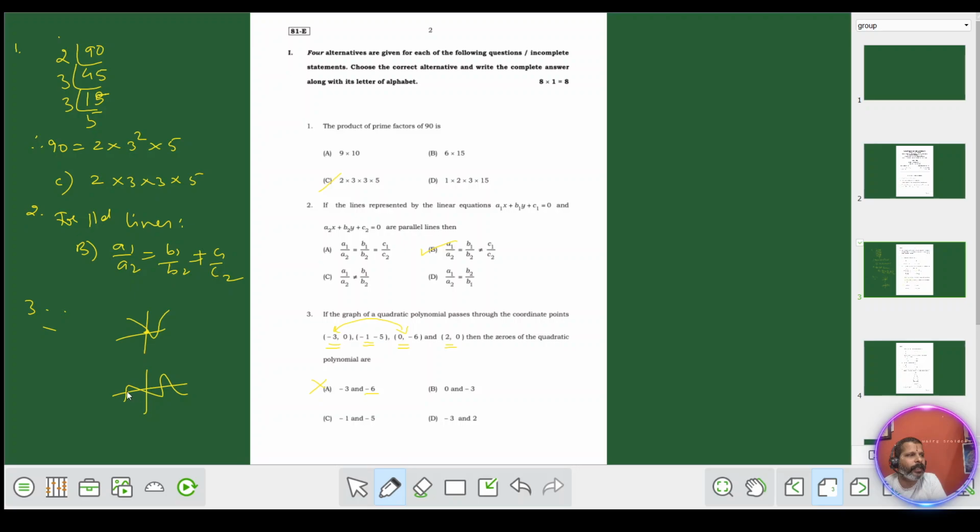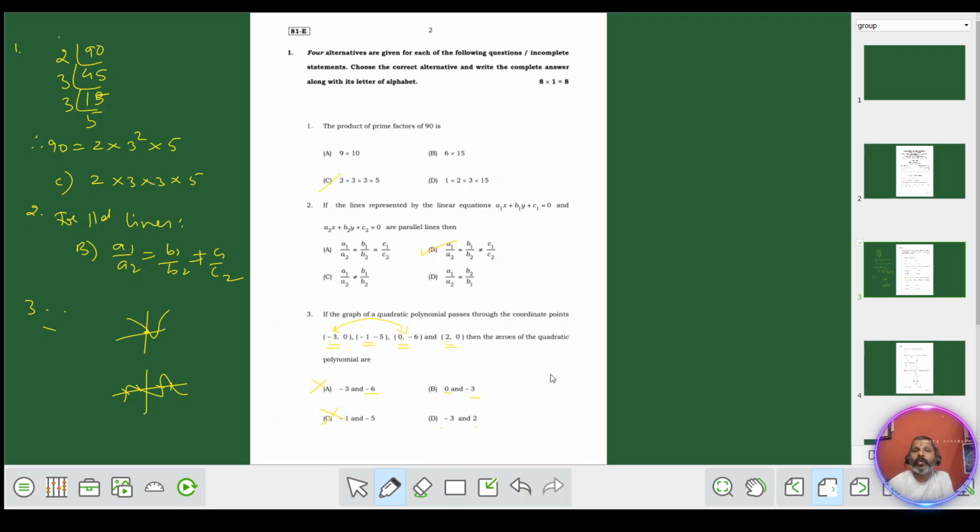If it is like this, you will say these x coordinates are the zeros of this graph. Similarly, all x coordinates from these given points are zeros here. Minus 1, minus 5: not there. 0, minus 3: yes, 0 is there, minus 3 is there. Minus 3, 2 is there. So minus 3 is also there, 2 is also there.